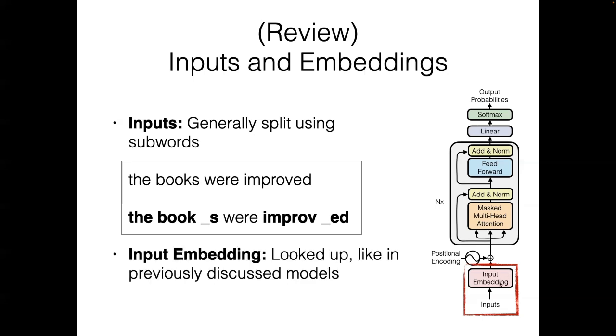For representing the tokens, it's exactly the same as the previous models that we've talked about in the class. You essentially have this matrix, and for each token you have some vector, and then you select them, and now you have some vectors that could be passed into your model.